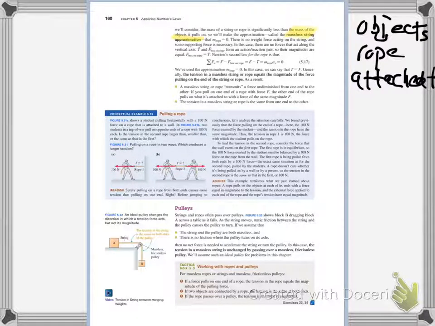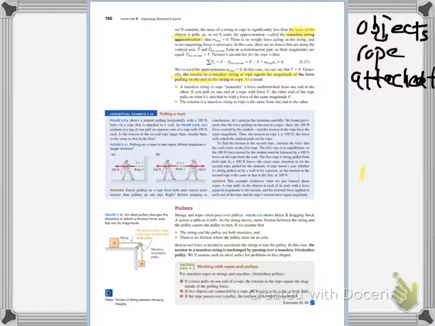So this is what I was saying here. The tension in the rope is equal to the tension in the rope throughout the entire rope or cable here. So there's an example that you guys can look at.